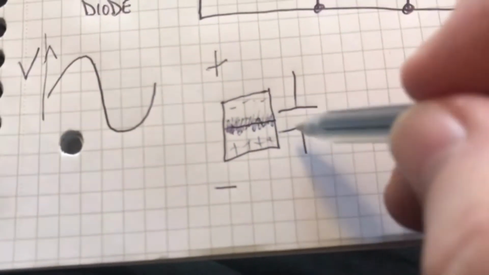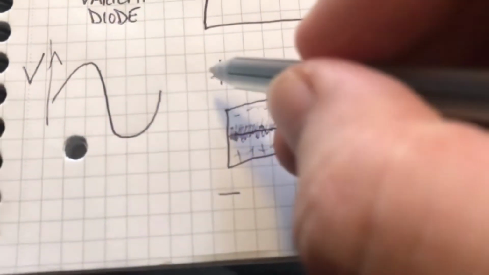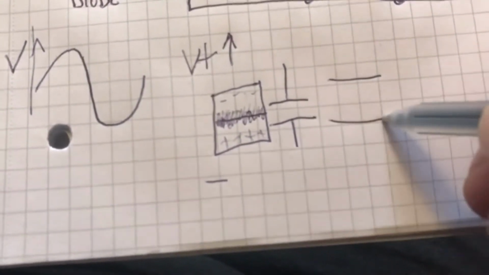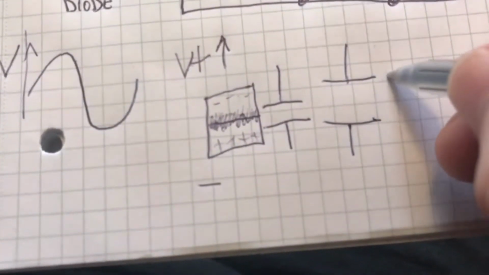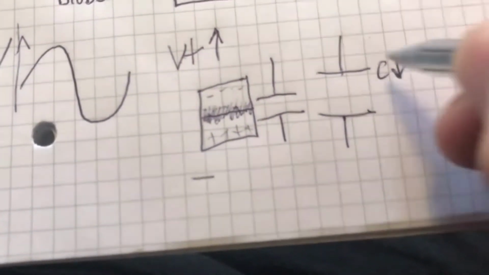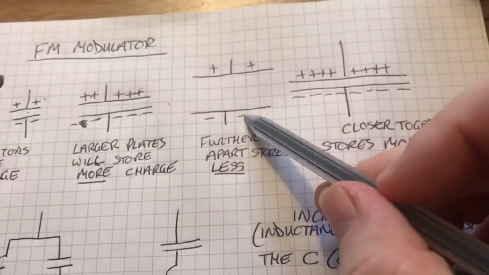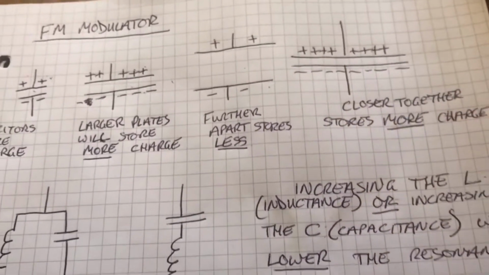This is how the capacitance is created. So as the voltage goes up, it pulls the gap wider, and therefore the capacitance decreases, because we've got a larger gap here, as we mentioned at the top here. Larger gap, less capacitance. Narrower gap, larger capacitance.